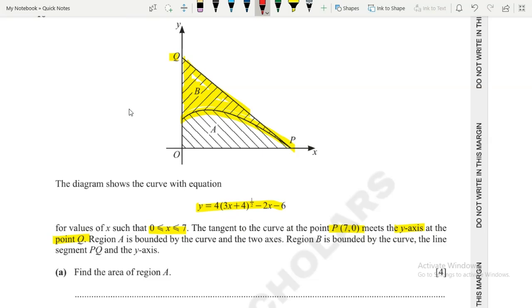You can simply do this by integration. To save some space, we will do the integration here.